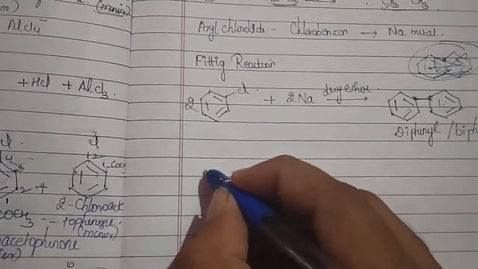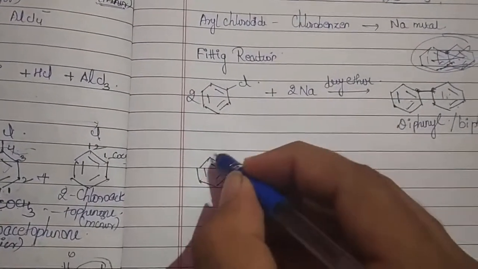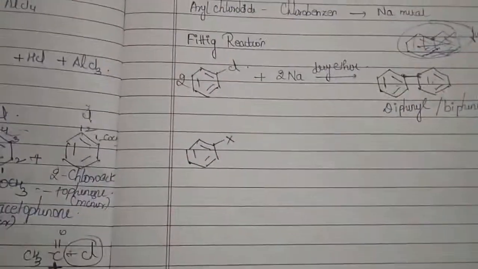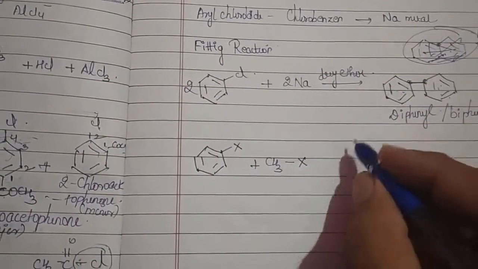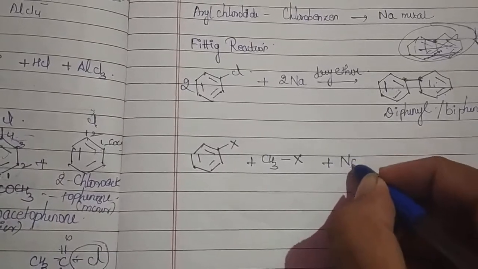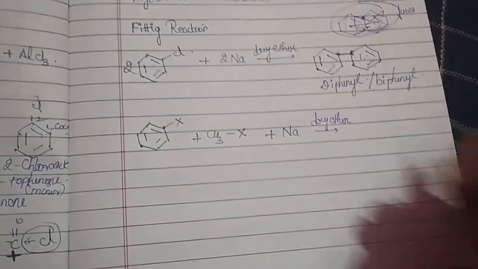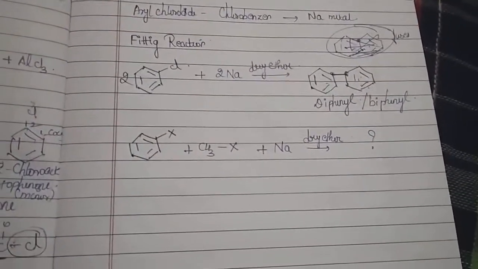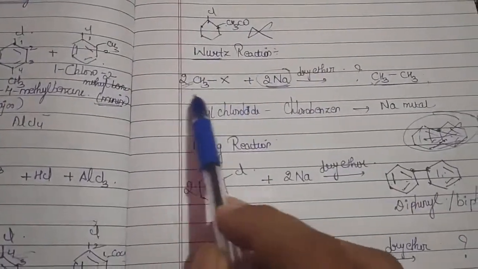Can we take, for example, if I am going to do this reaction, one aryl halide of 1 mole and an alkyl halide of 1 mole in the presence of sodium and dry ether? What product can be obtained was the question. In Wurtz reaction I took 2 moles of alkyl halide.